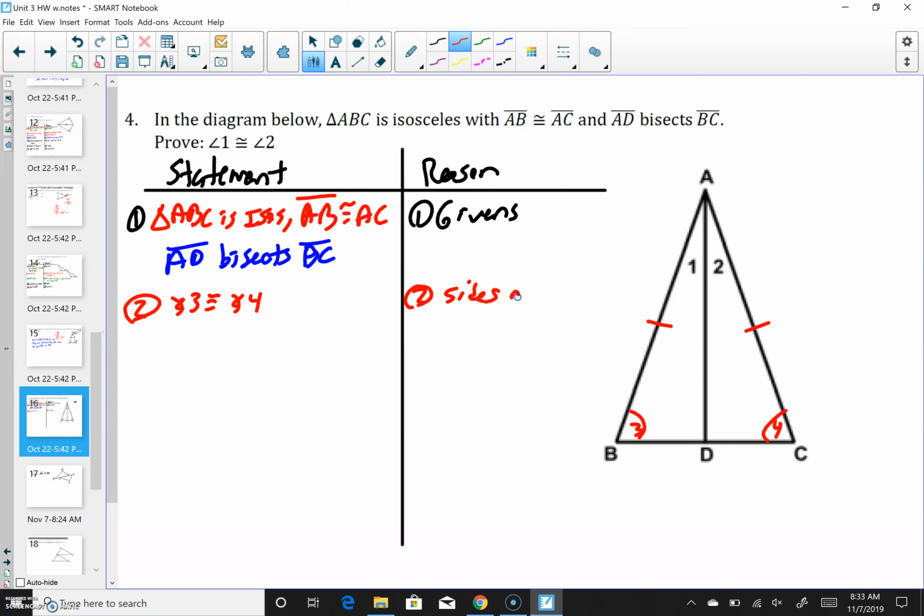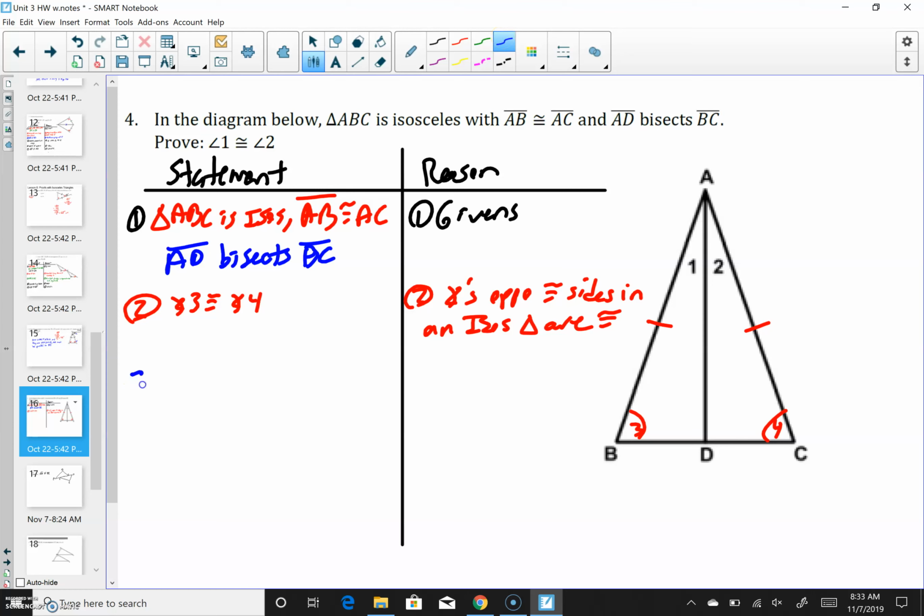Excuse me, angles opposite, not sides, sorry. Let me rewrite that. Angles opposite congruent sides in an isosceles triangle are congruent. So that gives us angles 3 and 4 are congruent.